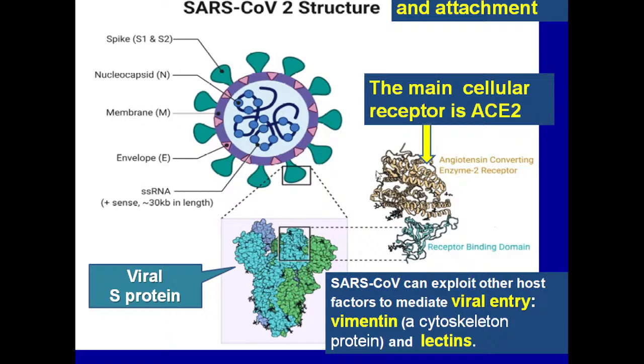And this is the whole structure of this receptor, and this is the receptor binding domain. It coincides with a particular region in the structure of the spike protein. This interaction is highly specific. Please remember that except for ACE2, we may have two more targets among the cell receptors: vimentin, a cytoskeleton protein, and lectins.